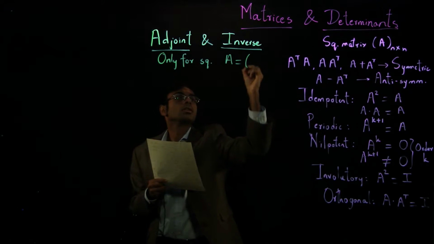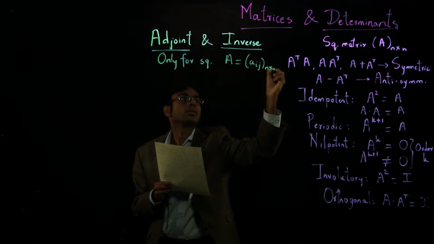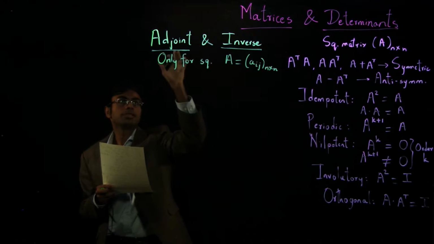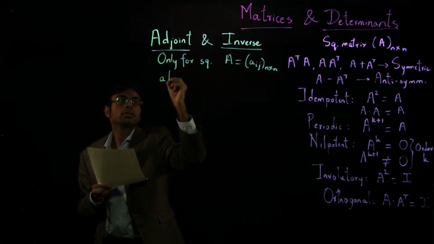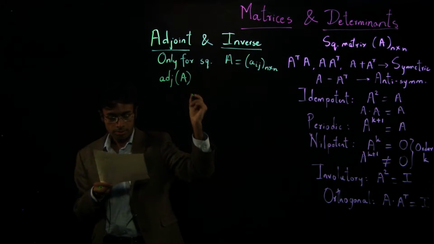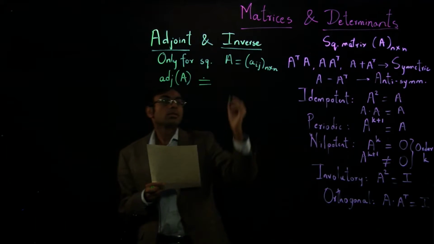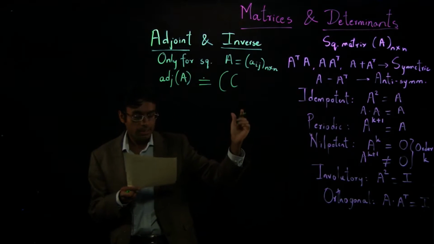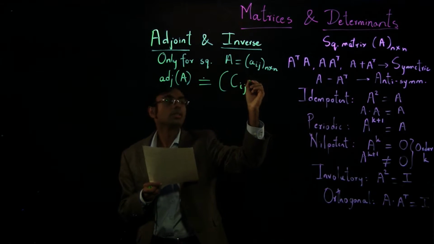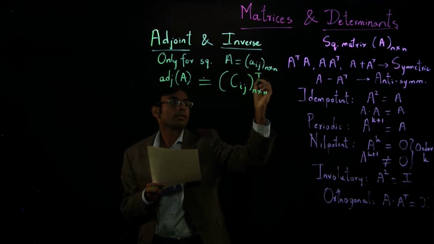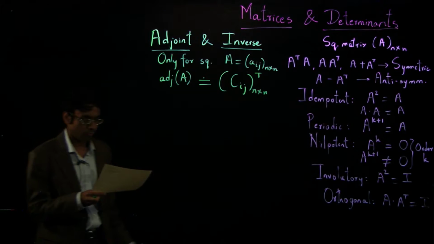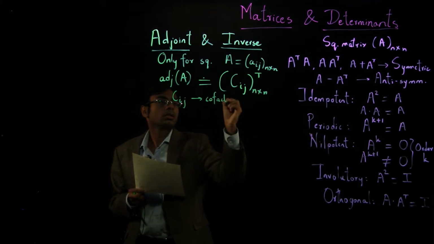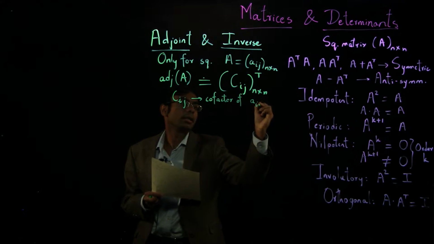So if A equals Aij, n by n, then the adjoint of this matrix, written in abbreviated form as adjoint of A, is defined as the transpose of the cofactors of this matrix. From one of the previous sections where we defined the cofactors, you take the transpose of that, and that gives the adjoint, where Cij is the cofactor of element Aij in A.